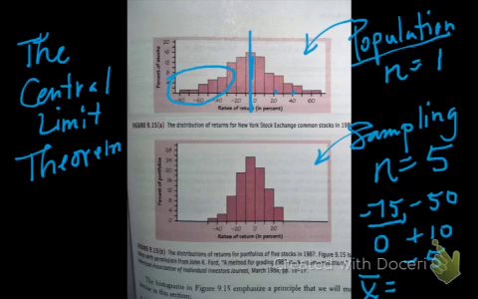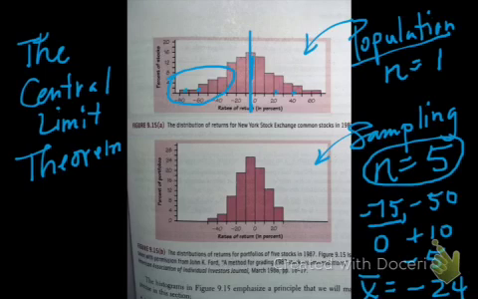I just paused this to run those numbers in the calculator, and the sample average there is only negative 24. So, even with some negativity coming from the left side here, when you have a sample size of 5, the numbers are just going to average out, and these tails are then pulled in.